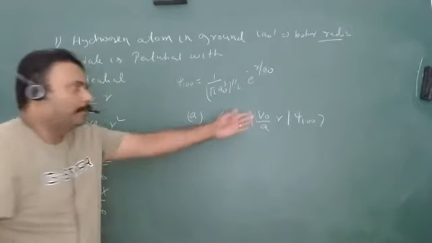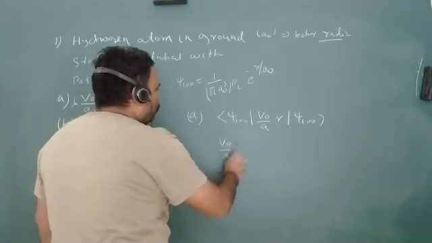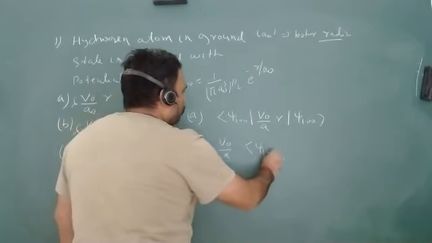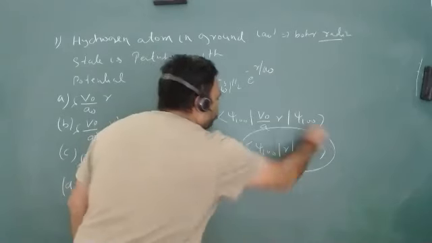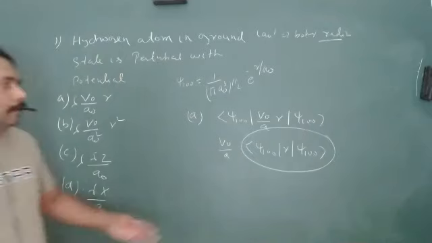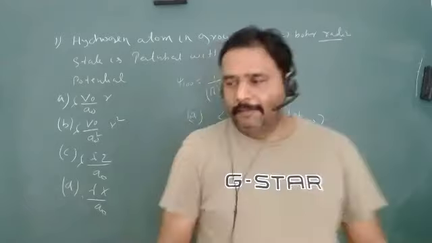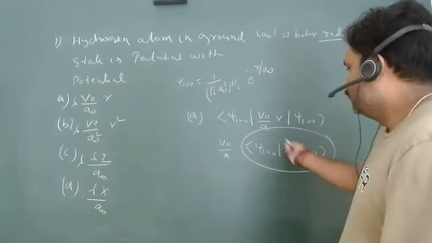You can take V naught by a outside. So if you take V naught by a outside, what is this? Psi 100 R psi 100. What is this one? It is 3 by 2 R. This is the expectation value of R in the ground state.